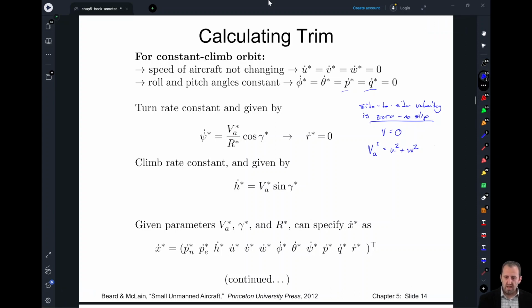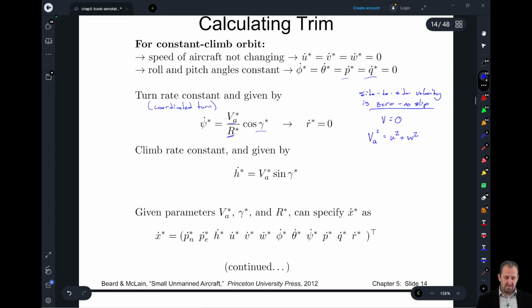Excellent. So then when we have our coordinated turn, we have our turn rate constant. This comes from our coordinated turn model. This helps us relate our yaw angle with the radius that we want to move in, the airspeed, as well as gamma. Gosh, for some reason I cannot remember our flight path angle. It keeps slipping my mind today.